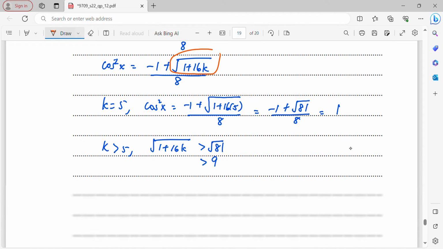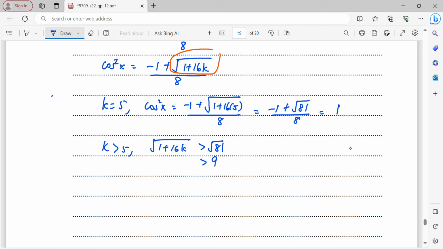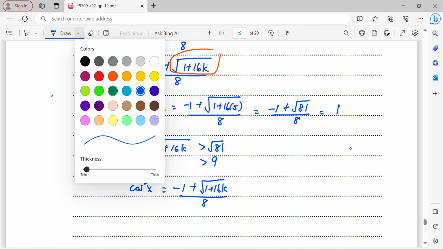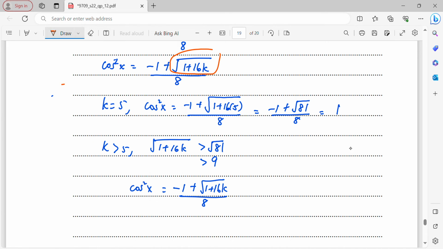And now when you substitute into cos square x, my cos square x will be minus 1 plus square root of 1 plus 16k, over 8. Since the square root is greater than 9, minus 1 plus a value greater than 9 means it will be greater than 8.